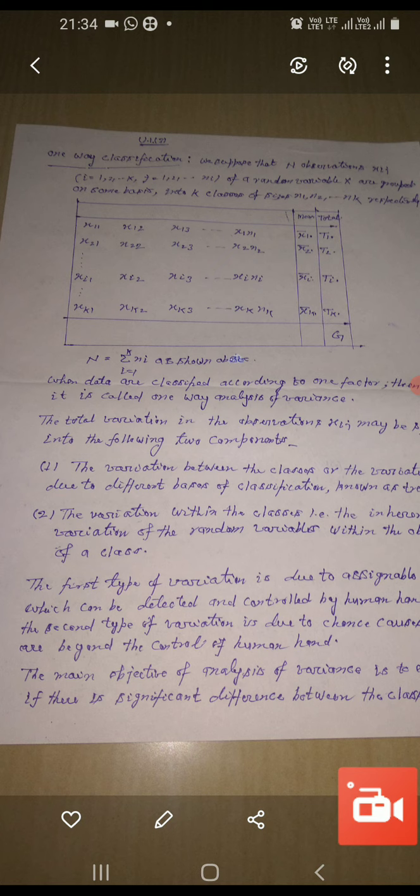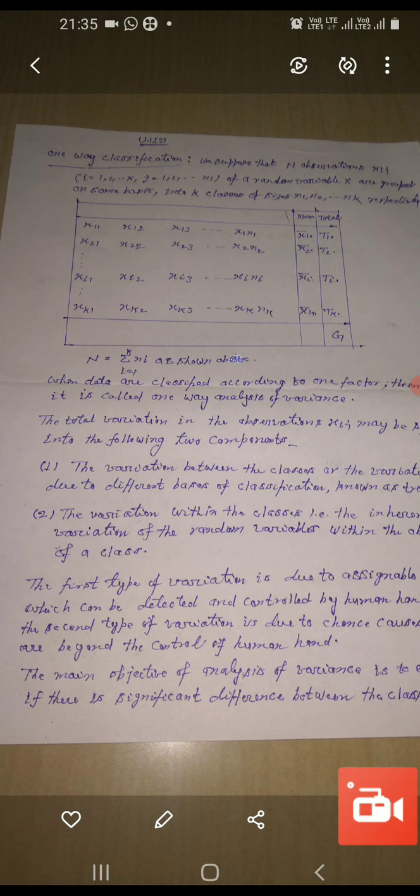Thus we see that there are two types of variation: variation between the classes and variation within classes. And what is the variation between classes? Suppose there are BSc Part 1 students and there are BSc Part 2 students, and we are studying their marks. So then there will be variation between BSc Part 1 students and BSc Part 2 students.